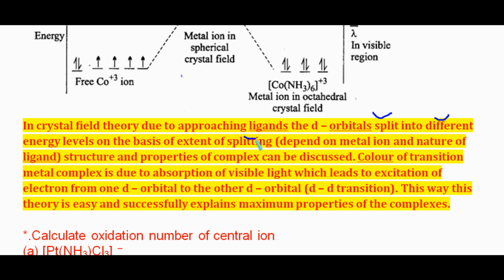On the basis of the extent of splitting, which depends on the metal ion and the nature of the ligand, the structure and properties of the complex can be discussed. Color of transition metal complex is due to absorption of visible light, which leads to excitation of an electron from one d orbital to other d orbitals, that is d-d transition. This way, this theory is easy and successfully explains most properties of the complexes.